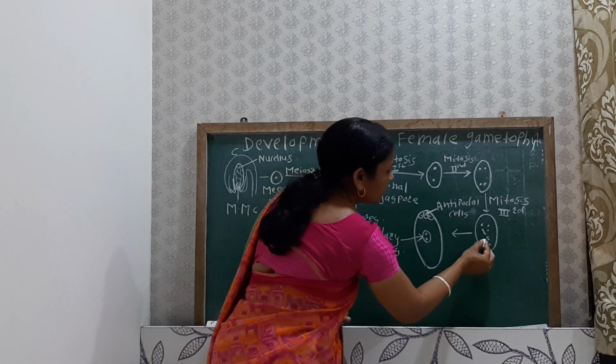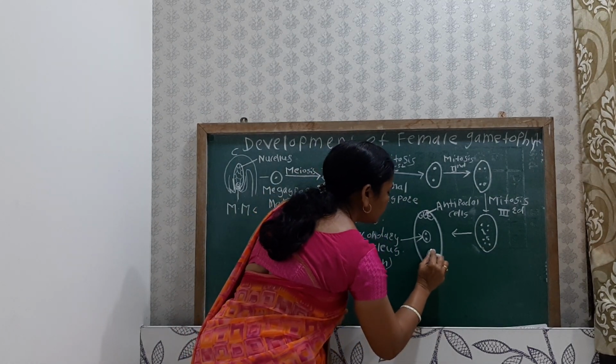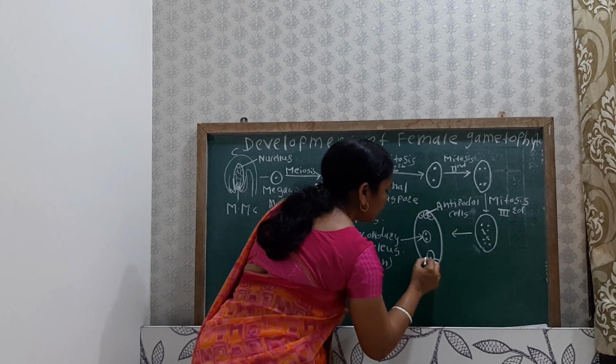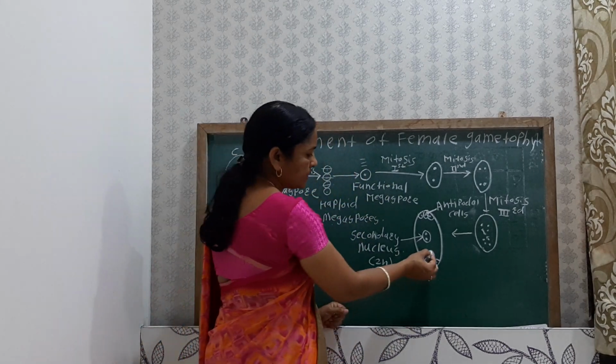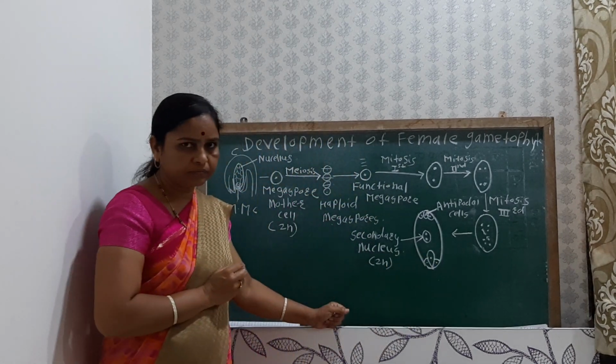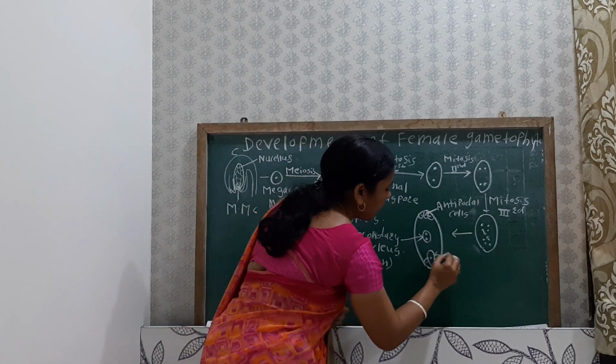Then the 3 nuclei which are towards the micropylar end get organized into a 3 celled structure, out of which 2 are smaller cells and the middle cell is the larger cell. This middle larger cell is known as the egg.